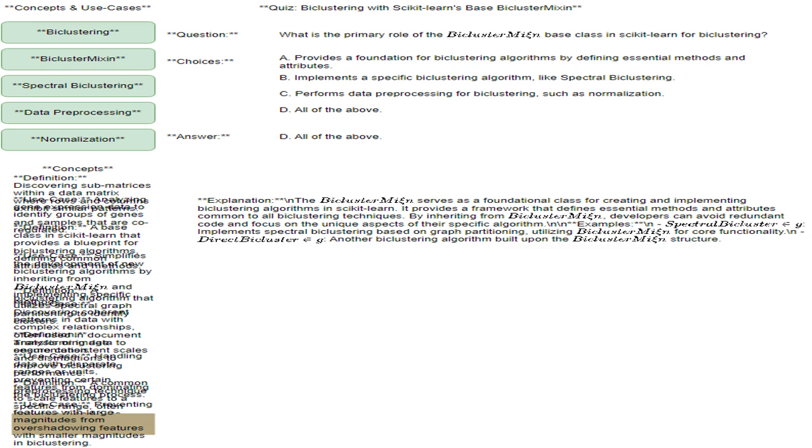Examples: Spectral biclustering implements spectral biclustering based on graph partitioning, utilizing bicluster mixin for core functionality. Direct biclustering, another biclustering algorithm built upon the bicluster mixin structure.